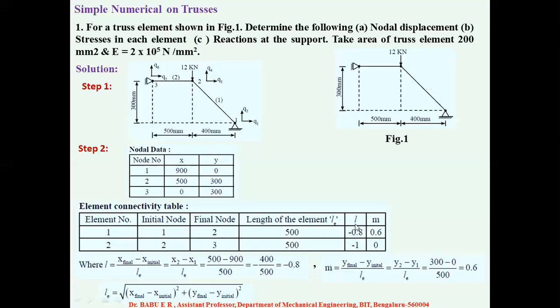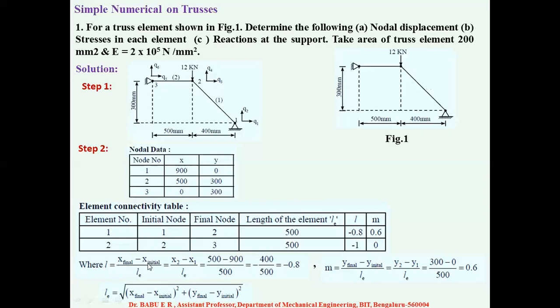After this, you have to find out the direction cosines L and M. L is nothing but cos theta, M is nothing but sin theta. You forgot about that. Here also we have one equation: L is nothing but x of final minus x of initial divided by length of the element. If you want to find the value of L for the first element, go for the final node and initial node.